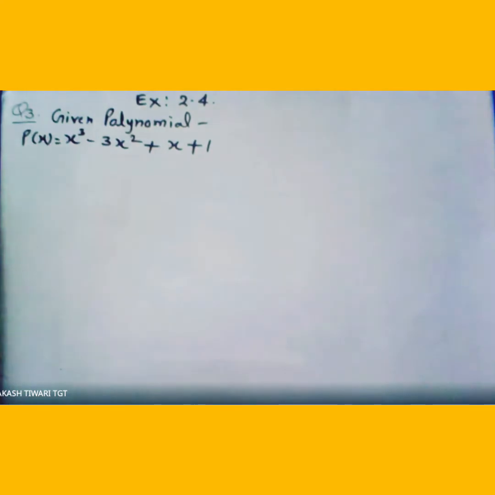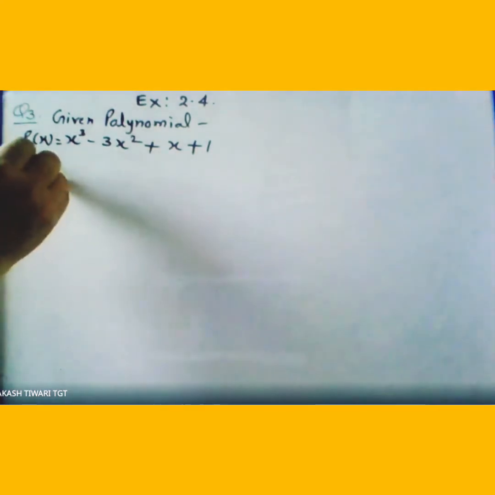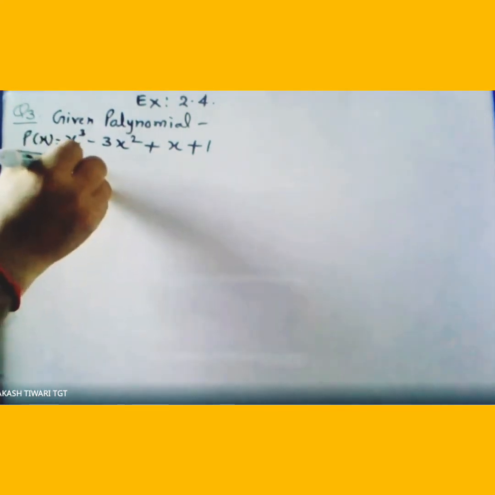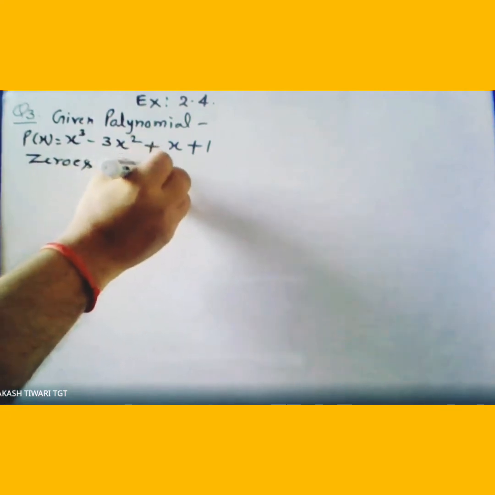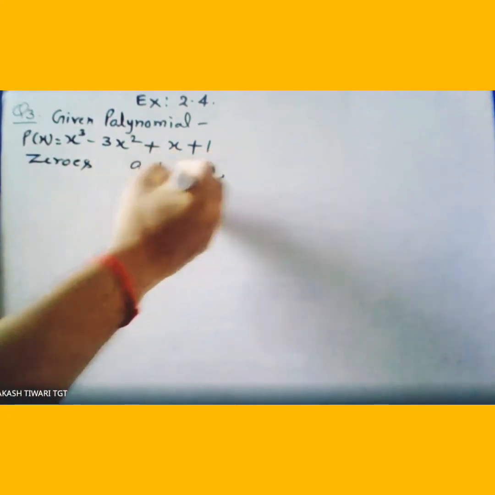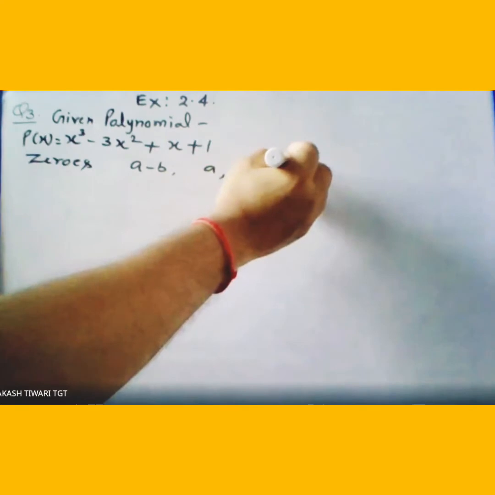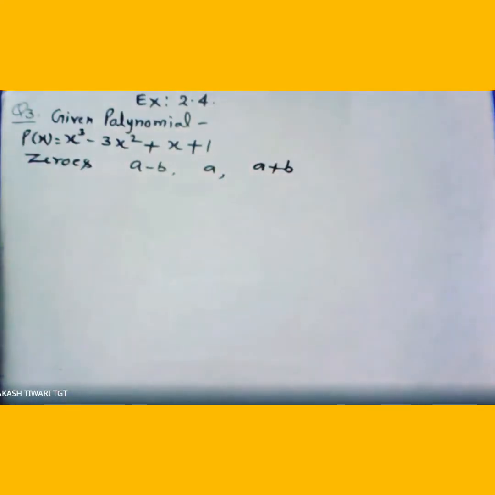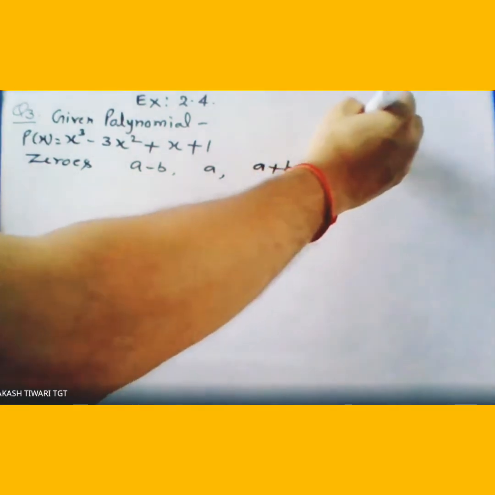Okay, and the zeros is given. First one is a minus b and second one is a and third one is a plus b. Okay, then what is requirement? Requirement is a and b.